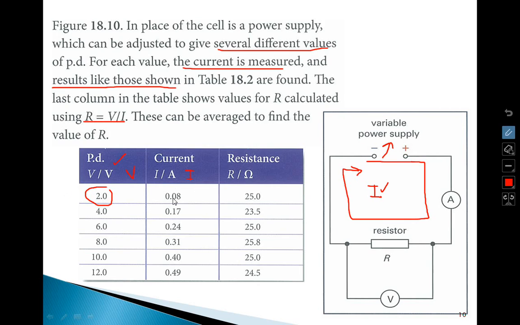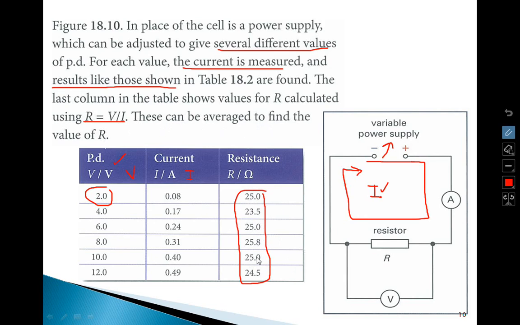When V is 2, I is 0.08, so the value of R is 25 ohm. If V is 6, I is 0.24, and R is 25 as well. If V is 10, I is 0.4, and R is 25. At the end, to find the value of R, these can be averaged.